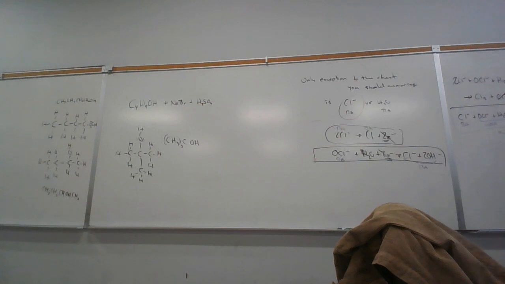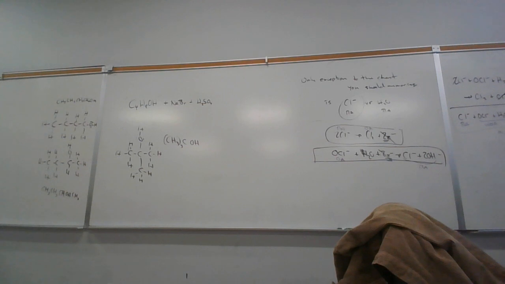Is this a redox reaction? How can you tell if it's a redox reaction or not? Oxidation state. Do you see a change in the oxidation states? No, I don't either. I just see a lot of swapping. So it's not redox.